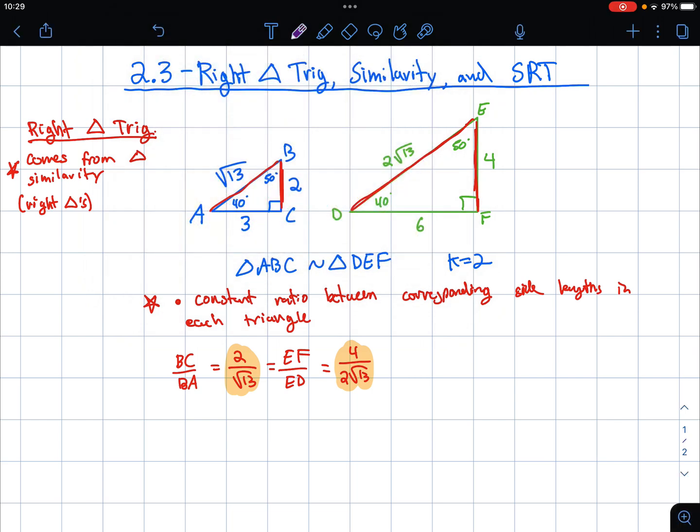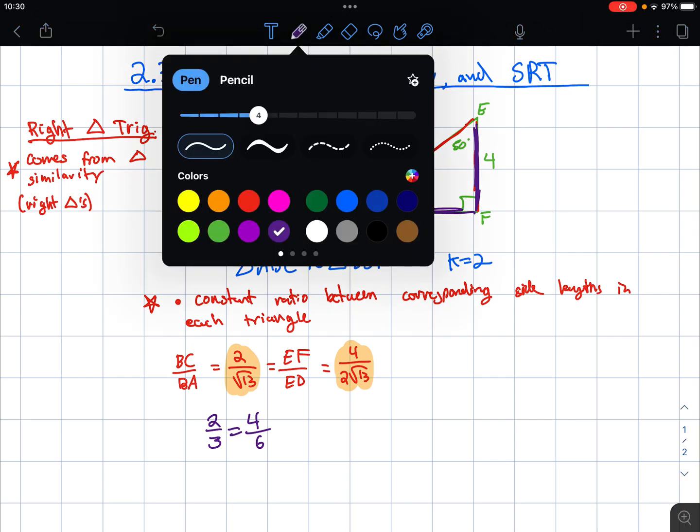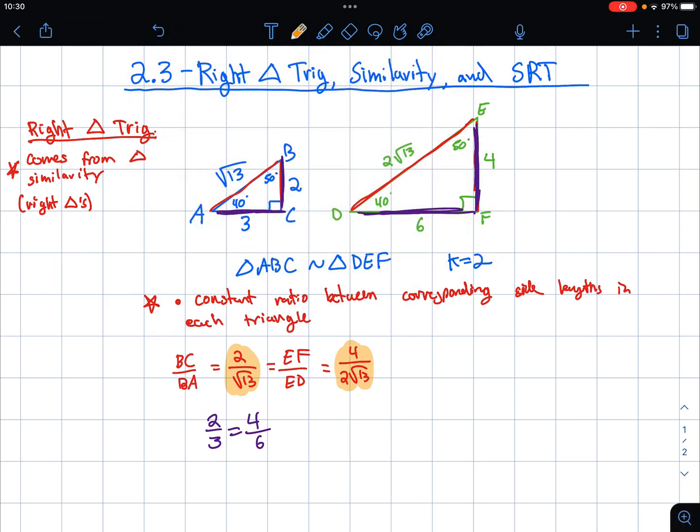So I could say the ratio of BC to AC, 2 over 3, is equivalent to the ratio of EF to DF, 4 over 6. Because the triangles are similar, their corresponding parts are in the same ratio, their side lengths. And if I wanted to do more, I could keep finding different combos. Maybe I would compare the hypotenuse, square root 13, to the side of 3.